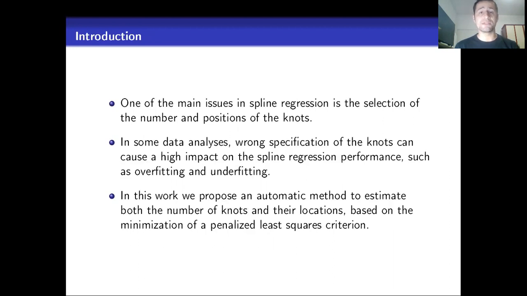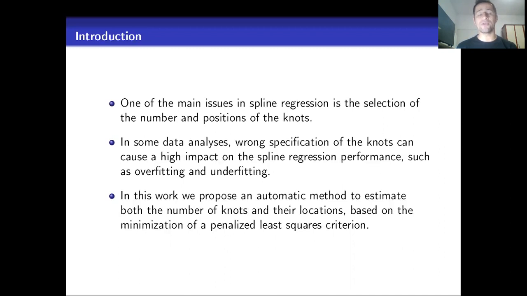And there are some studies in the literature that provide an automatic method to determine these values, or just the number, or just the positions of the knots, but few studies concern a completely automatic method to determine both the number and the positions of the knots.